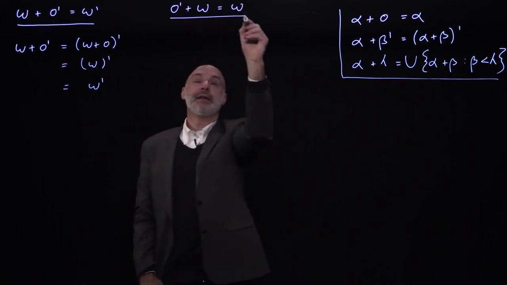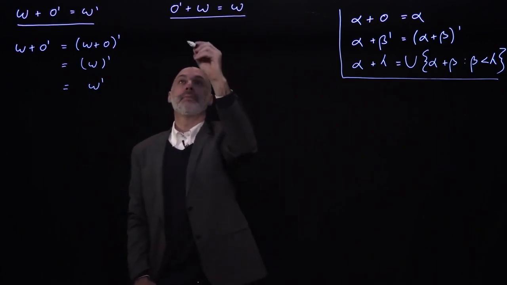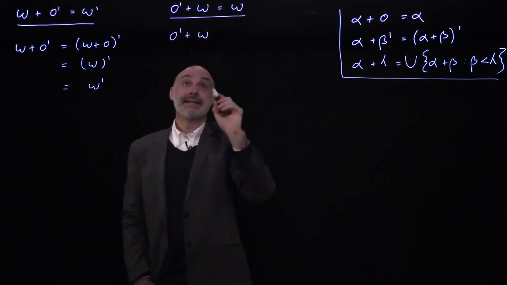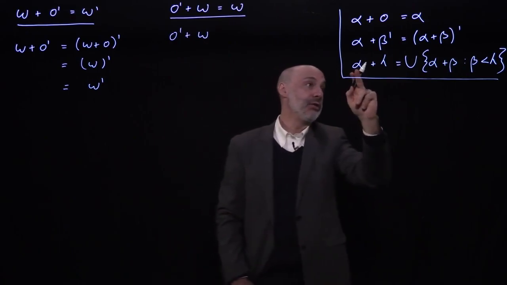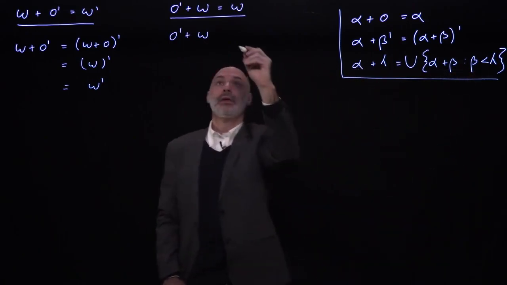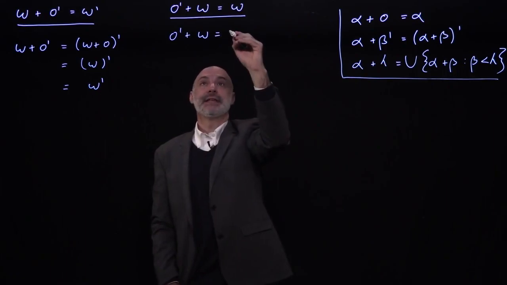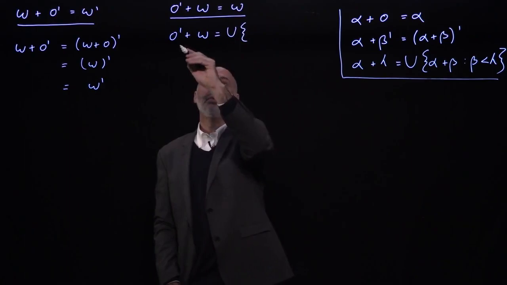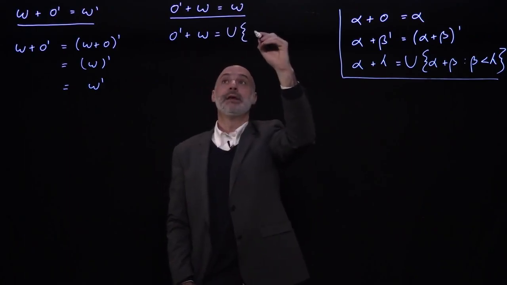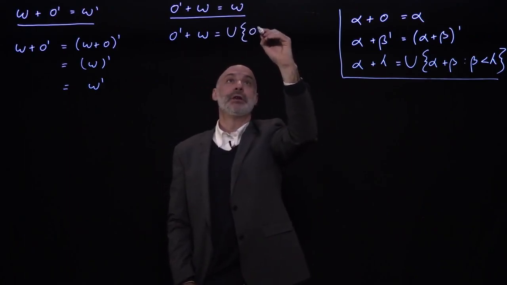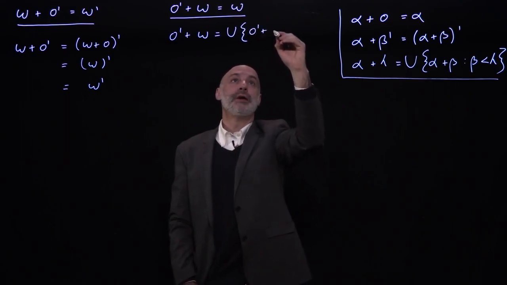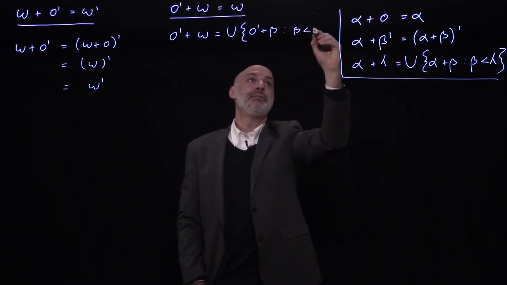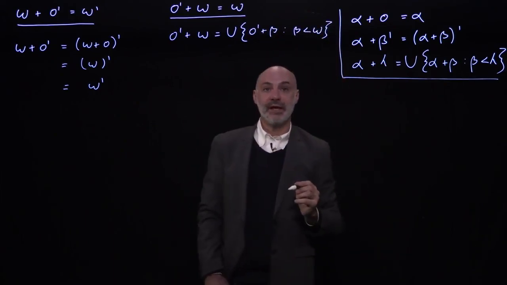Let's now verify this identity. Omega is a limit ordinal, so we need to look at our third identity, which tells us that 1 plus omega is the union of the set of ordinals 1 plus beta for beta smaller than omega.